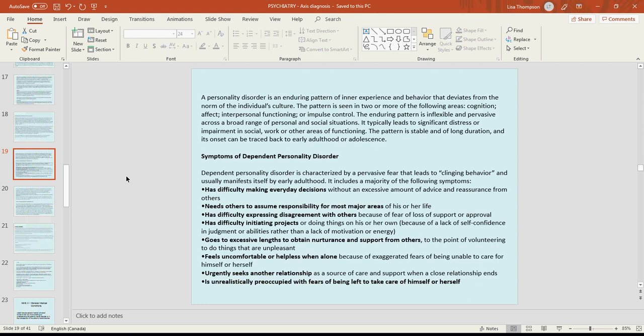Dependent personality disorder is characterized by a pervasive fear that leads to clinging behavior and usually manifests itself by early adulthood.